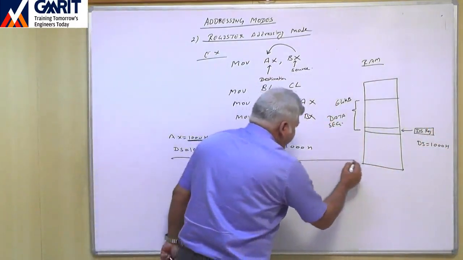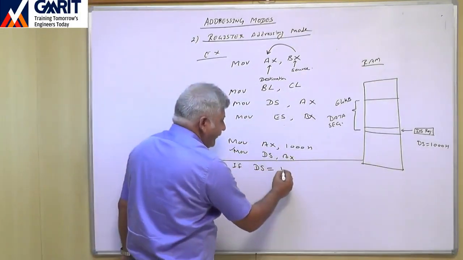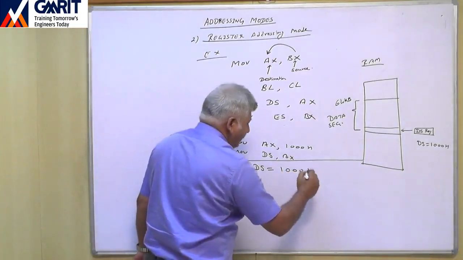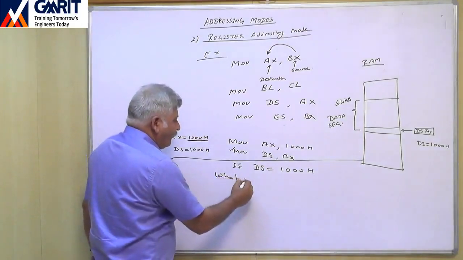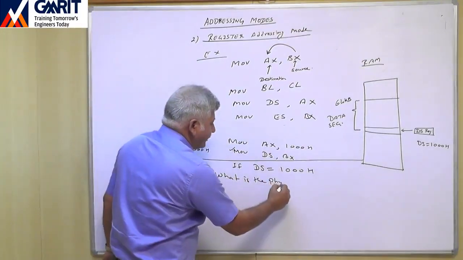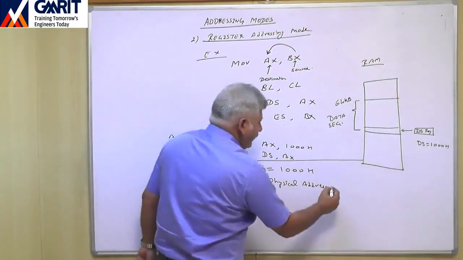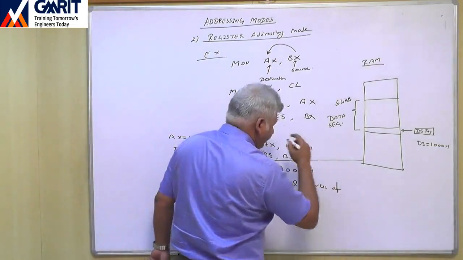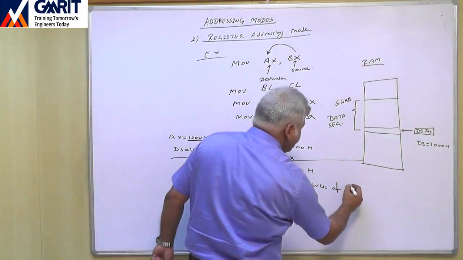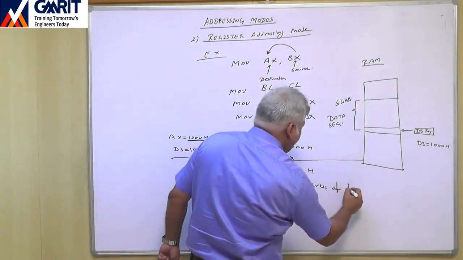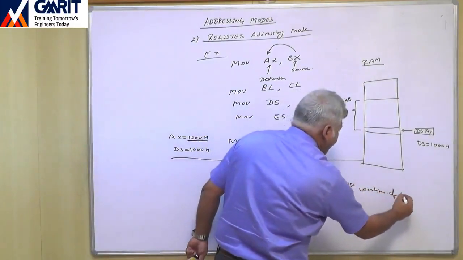Okay, so if our DS register is having value 1000H, right? Then what is the physical address of the first location of data segment?